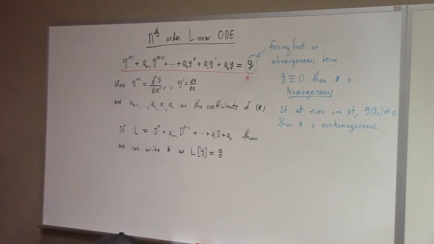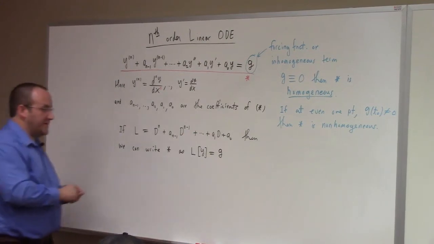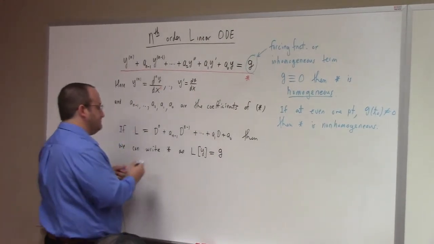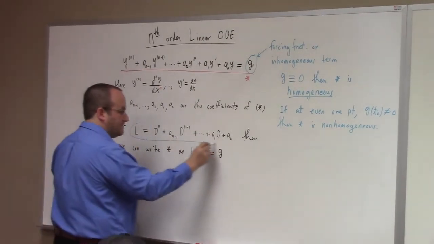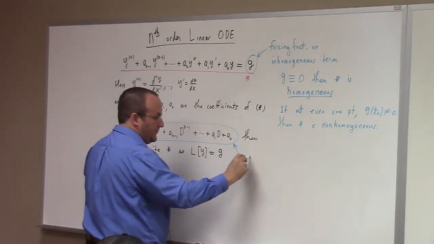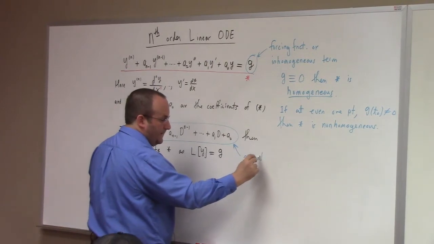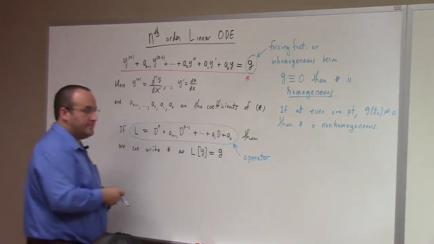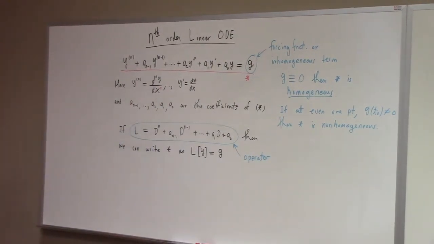So this L I just wrote down is called a differential operator. All right? What's an operator? An operator, in the usual language in here, is something which takes in functions and gives you back functions again.